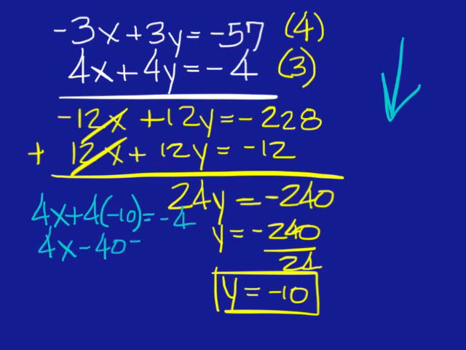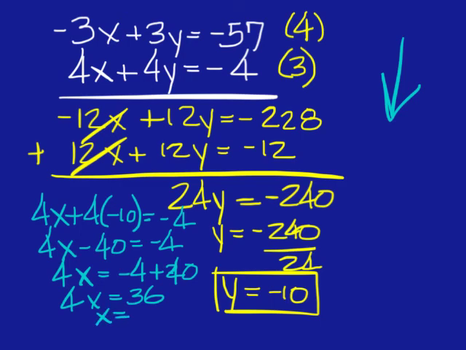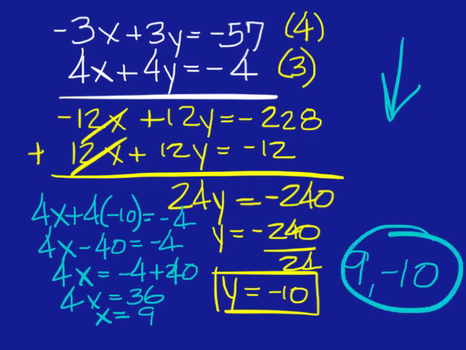Simplify and then move. Change the operation. Simplify. And when you divide 36 by 4, you should get 9. So the final answer is 9, negative 10.